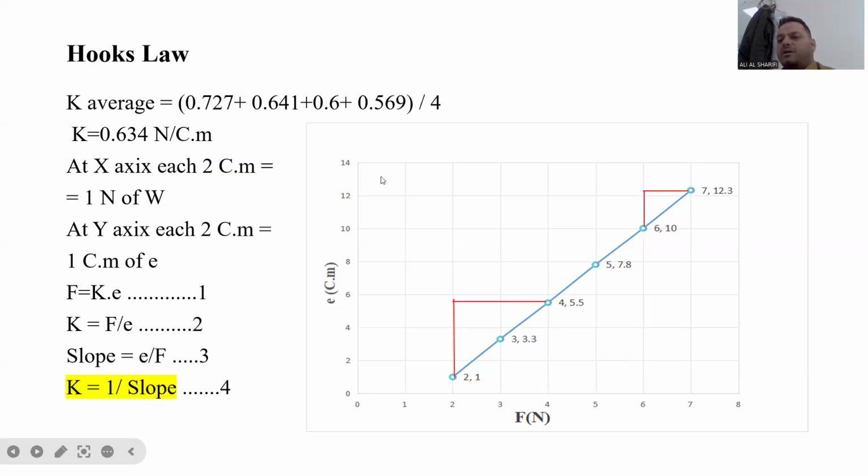Now let's go from the math to the graphical side, using the slope. Let's take a look at whether the K constant from these two different methods will be near or far from each other. On the x-axis, each 2 centimeters equals 1 newton. On the y-axis, each 2 centimeters equals 1 centimeter of extension.